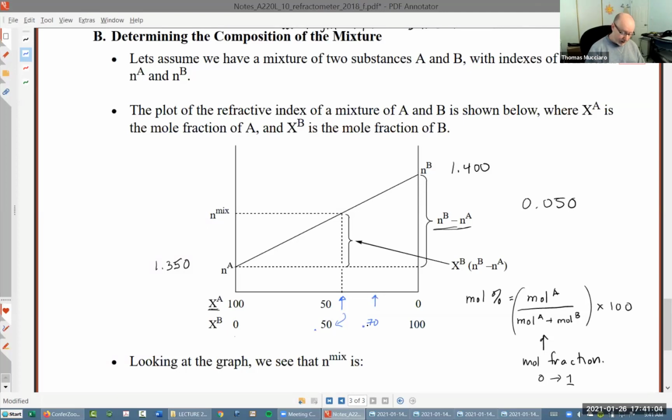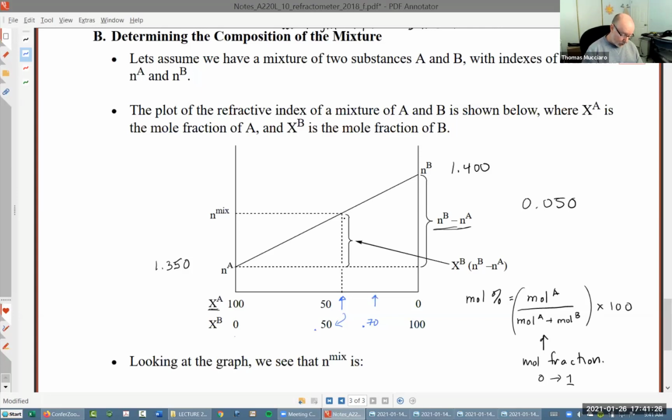It needs to be the mole fraction. Here we're at 0.5 mole fraction of B. That's 0.5 multiplied times this number, which is going to be half that distance. Okay? So that's a really simple relationship.